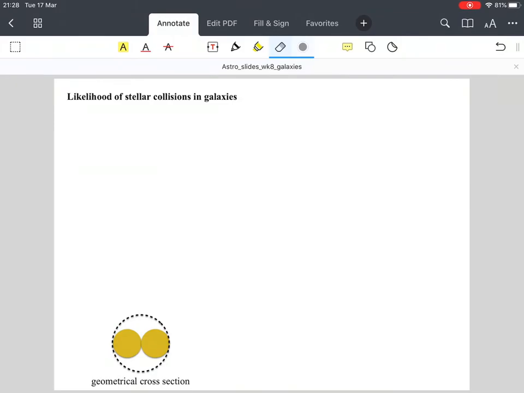It is basically the average distance that an object, in this case a star, will travel before colliding with another star. So this distance we write as L for the average distance, the mean free path, and it's 1 over n sigma.